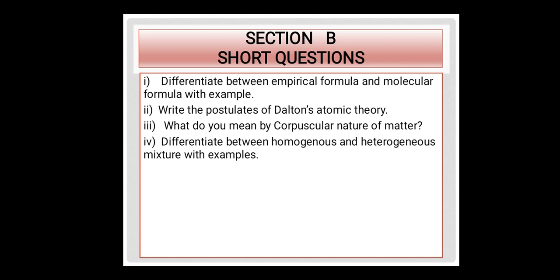So I will give you the concept of these three scientists one by one. The first one is Empedocles' concept. An ancient Greek philosopher Empedocles thought that all materials are made up of four things called elements. These four things are earth, air, water and fire.